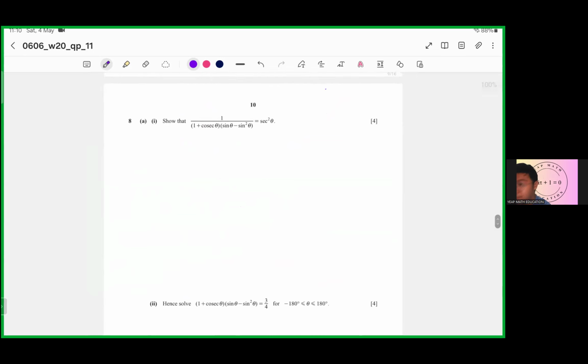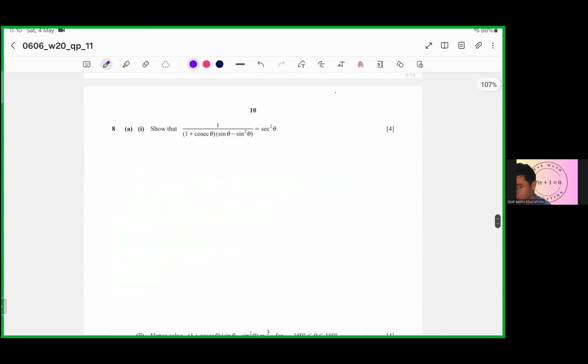Okay, it is, show that 1 over (1 plus cosec theta) times (sine theta minus sine squared theta) equals secant.